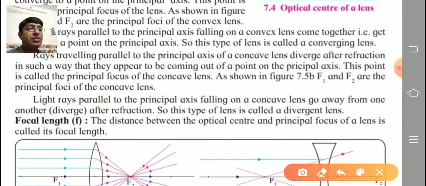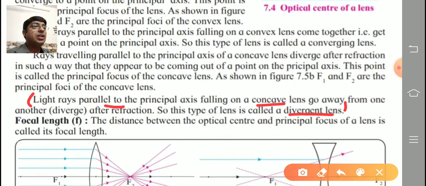Next definition, define diverging lens. Mark the definition. Light rays parallel to the principal axis falling on a concave lens go away from one another, that is, they diverge after refraction. So this type of lens is called a diverging lens.